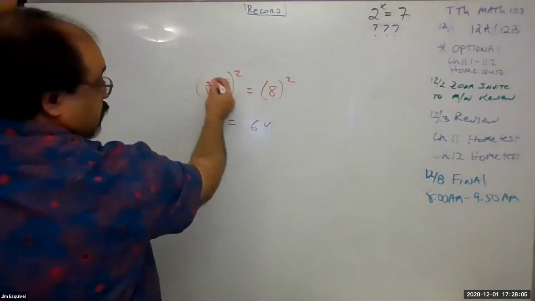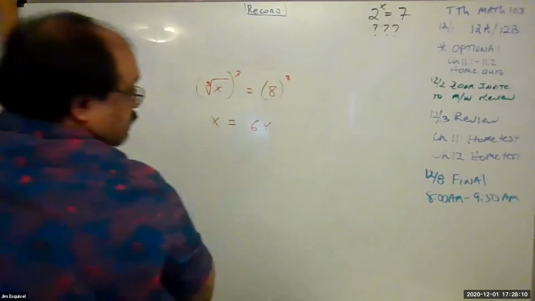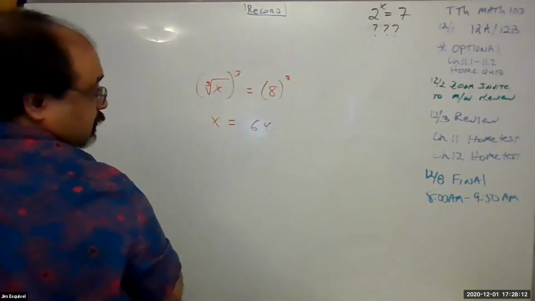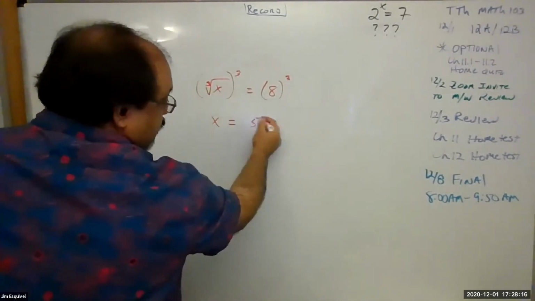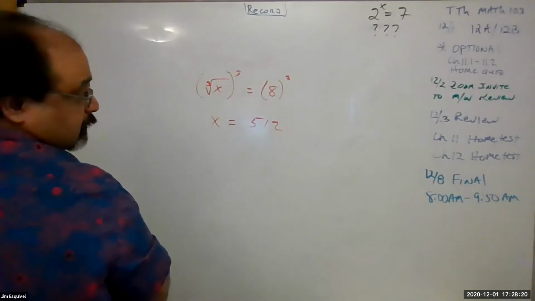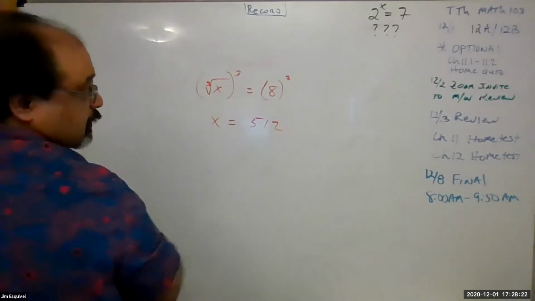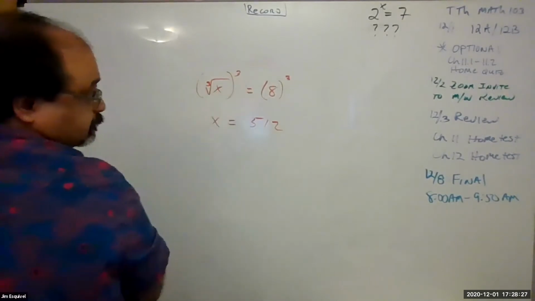If it's a cube root, then you have to cube both sides. And that gives us a 512. The inverse operation for a radical is an exponent.